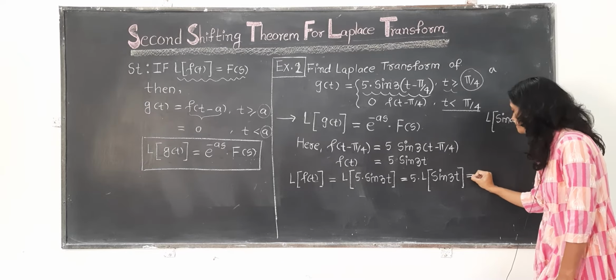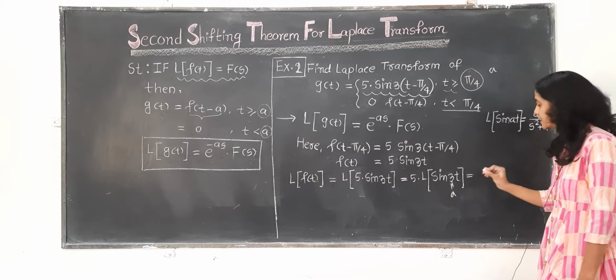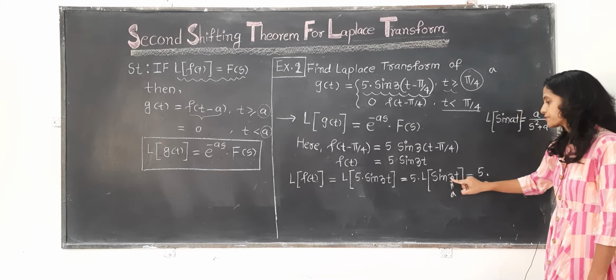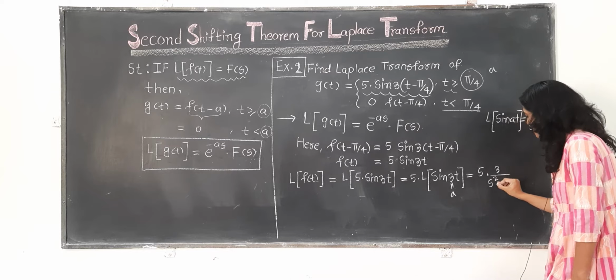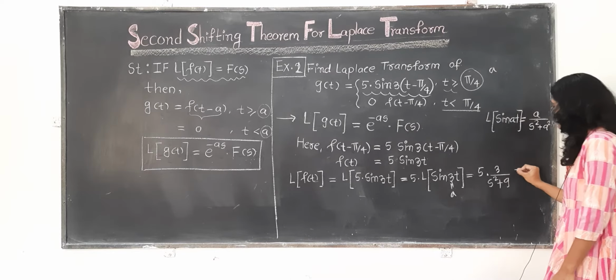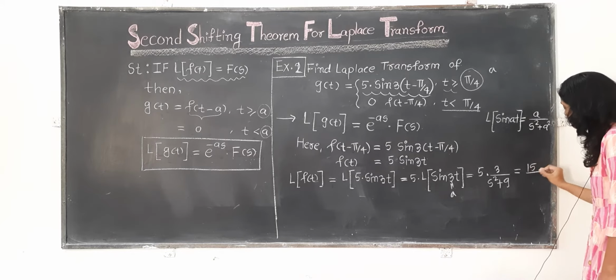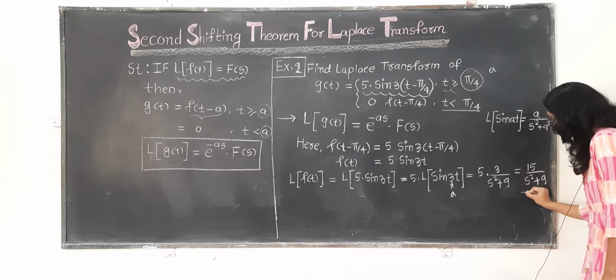Here the value of a is 3, and 5 is already there, so keep this 5 as it is. Laplace of sine 3t is nothing but 3 upon s square plus 9. So this value is nothing but 15 upon s square plus 9. So this is our F of s.